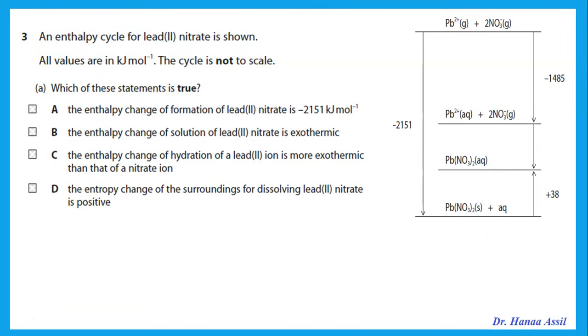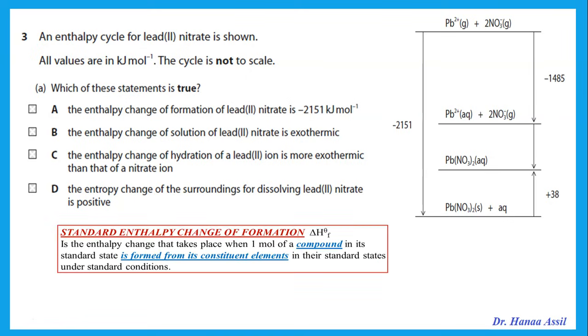The first statement says the enthalpy change of formation of lead nitrate is minus 2151. Well, looking at this cycle, what is the minus 2151? Is it the enthalpy change of formation?